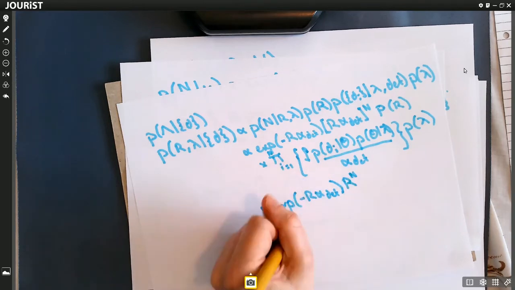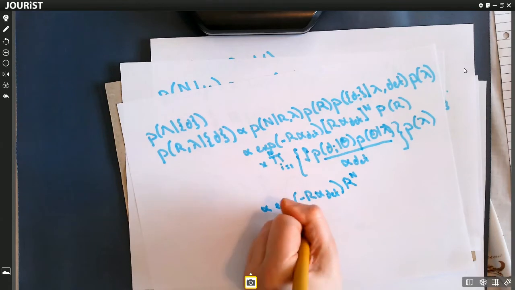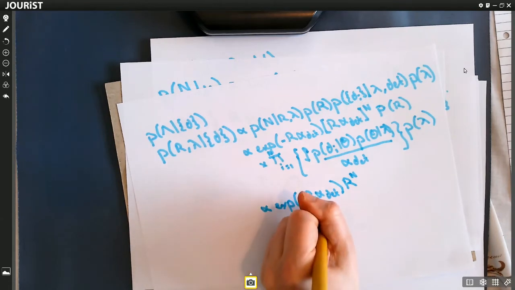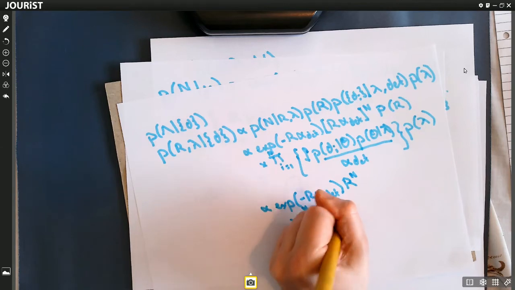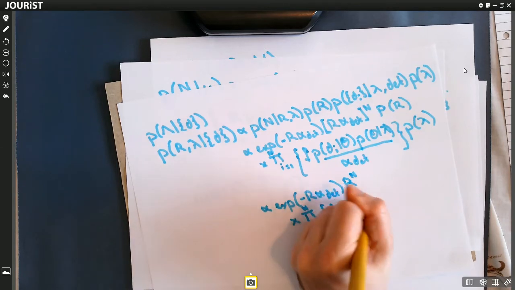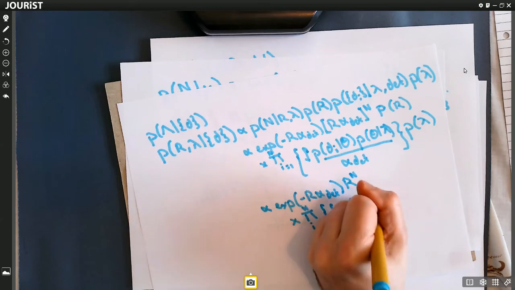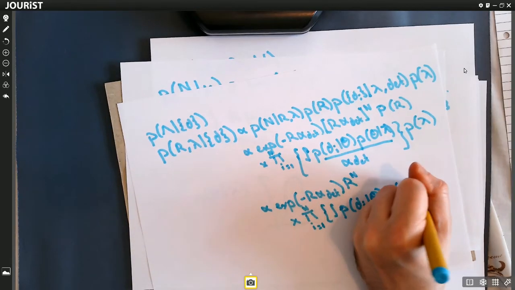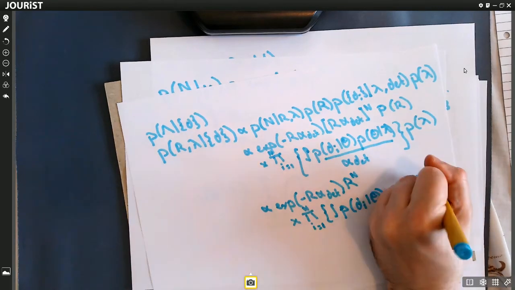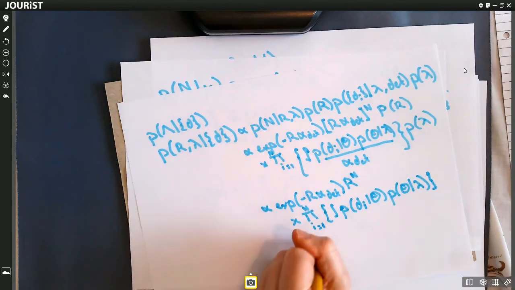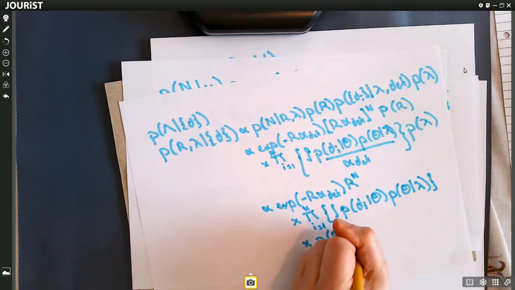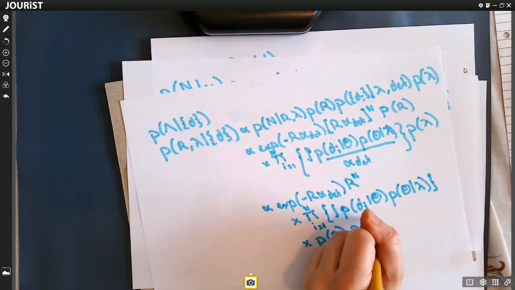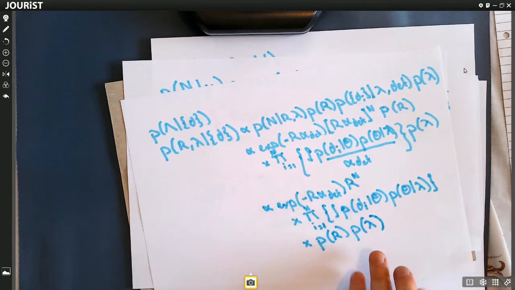Okay, so we're left with just the product from i equals 1 to n of the integral of p(d_i given theta), p(theta given lambda), times our two priors, our prior on R and our prior on our shape parameter, hyperparameters lambda.